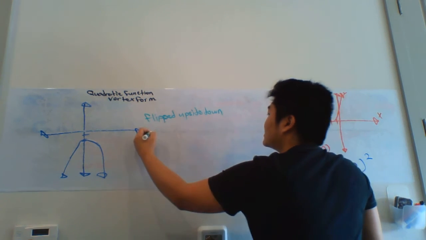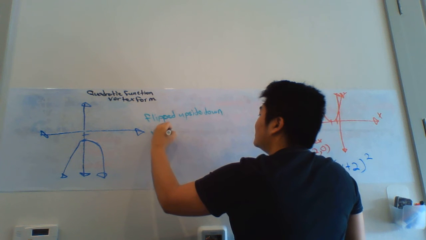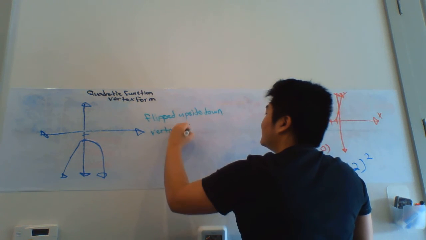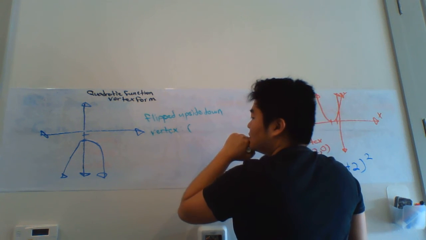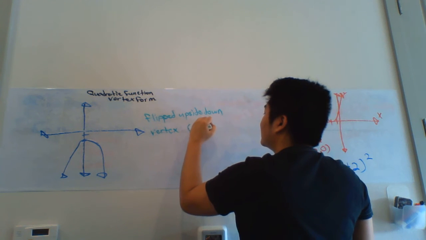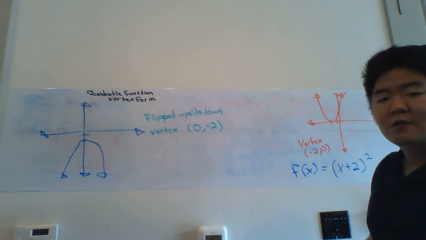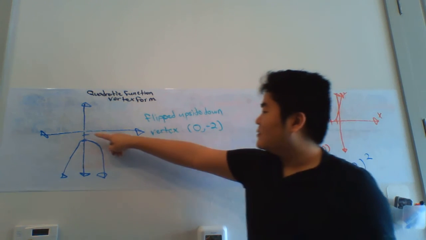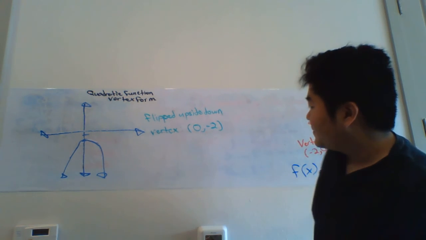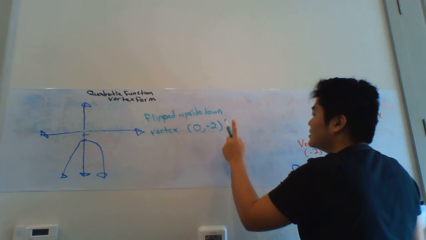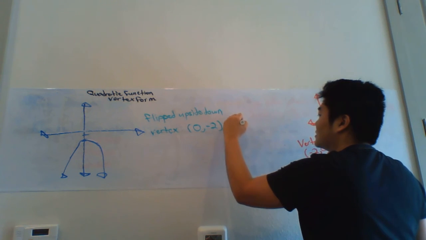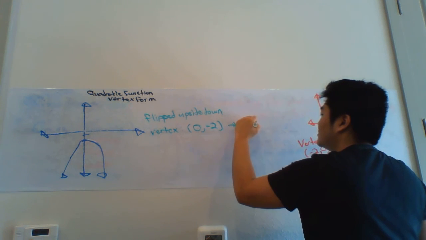So that means our vertex has coordinates 0, -2. Right, because I moved down 2, right? So those are my two things, and what that actually means is it moved down 2.